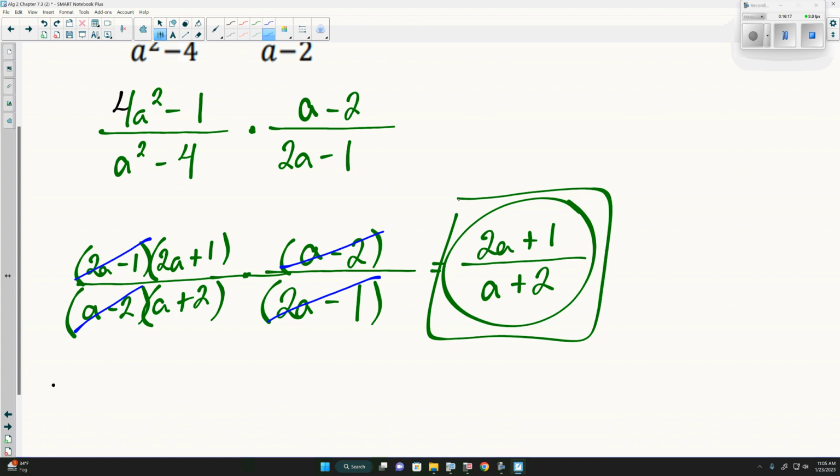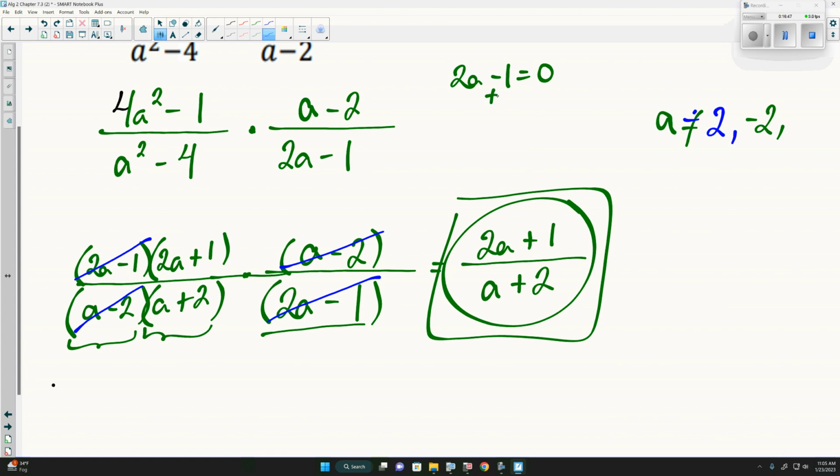Any questions on this here? Now if we looked at the restrictions for this here, a cannot be... So for these here, a minus 2 would be 2. A plus 2 would be negative 2. And the only other one that we have is 2a minus 1. This one here might be a little harder to see right out, so we can go on and solve it. 2a minus 1 equals 0.